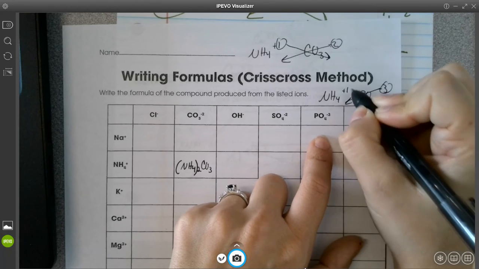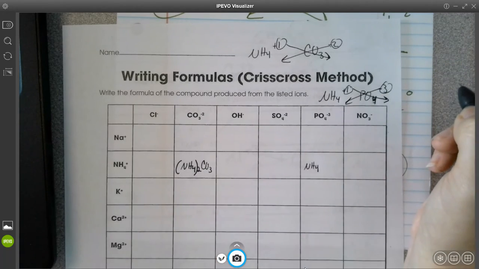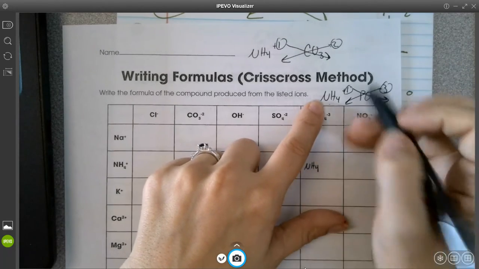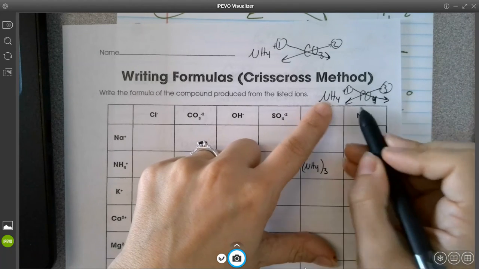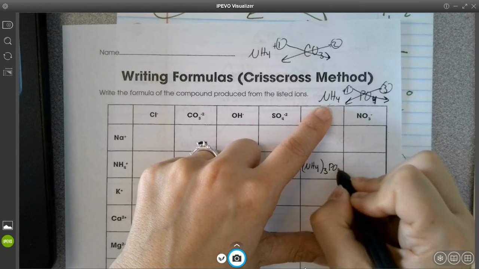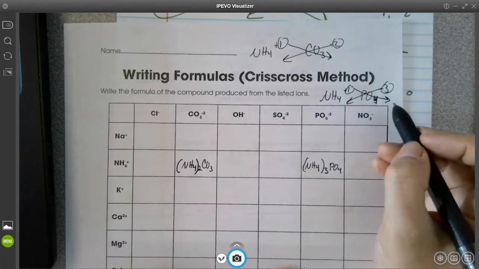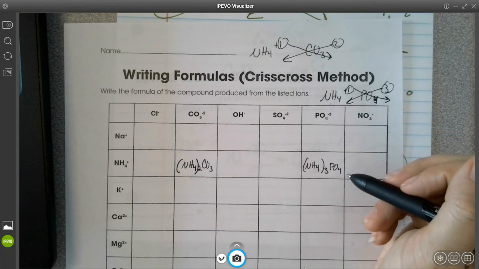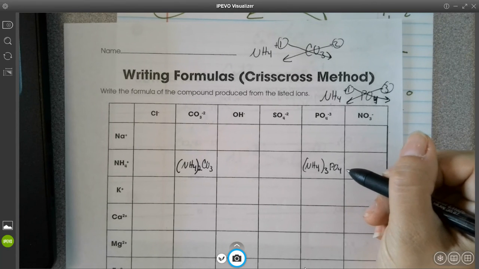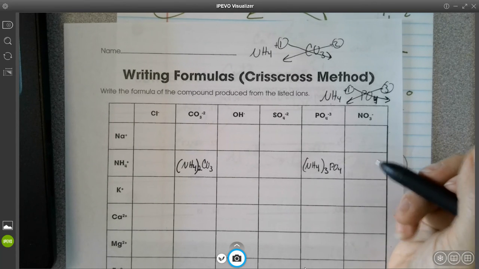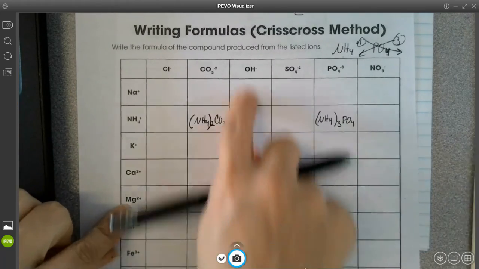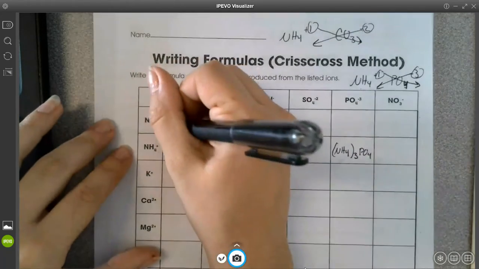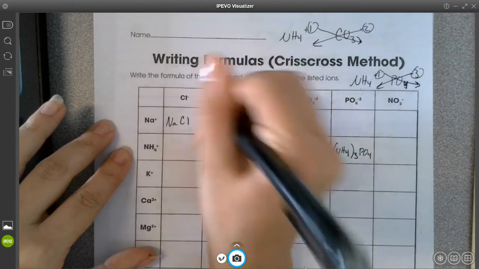So the numbers are crisscrossed, drop and swap. So I had to have NH4, 3, PO4, and again, this is a 1, so you can either write it as is right here, or you can put parentheses and put the 1. So it's kind of matching your positive to your negative, and you're filling in the blank.